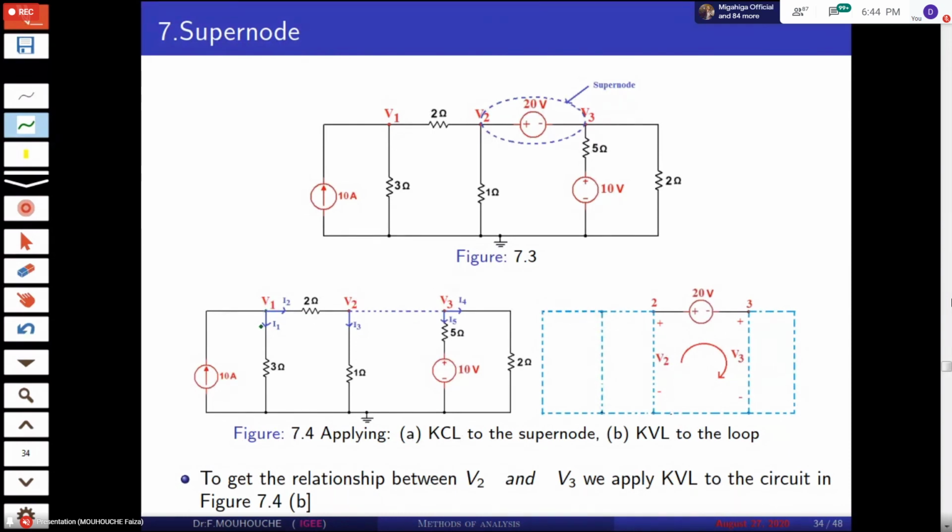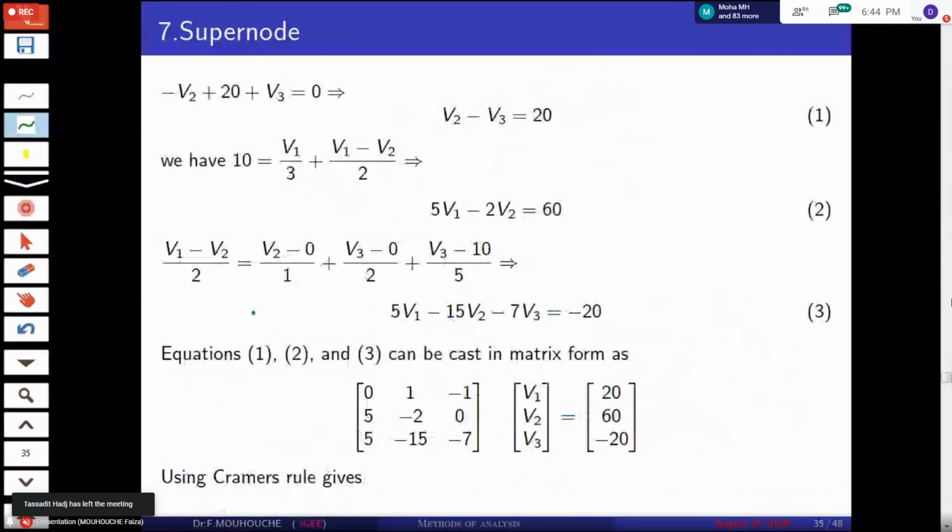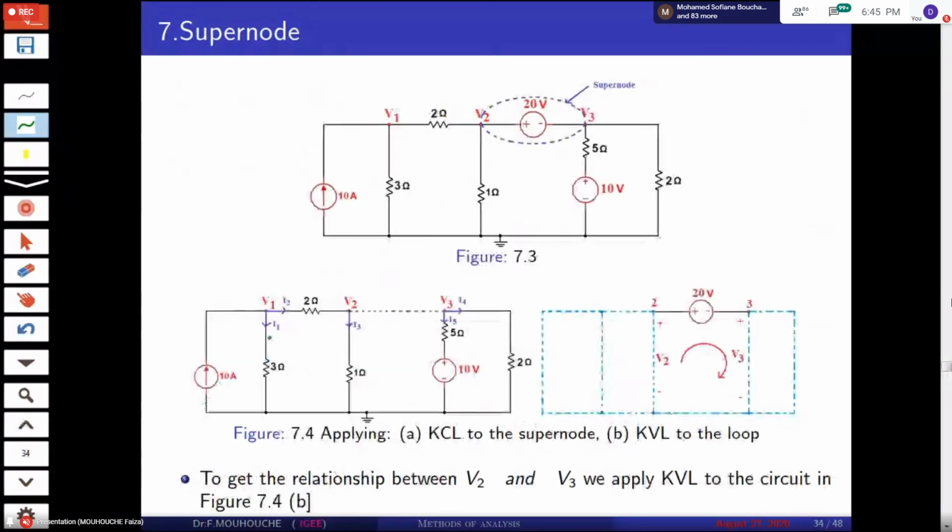So for node 1, what do we have? We have 10 ampere equal to I1 plus I2, as illustrated here.